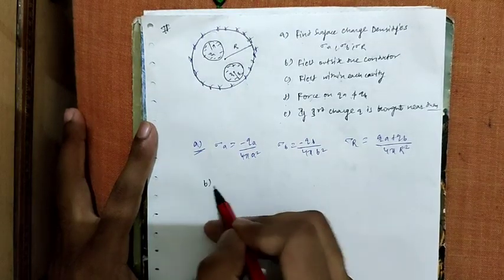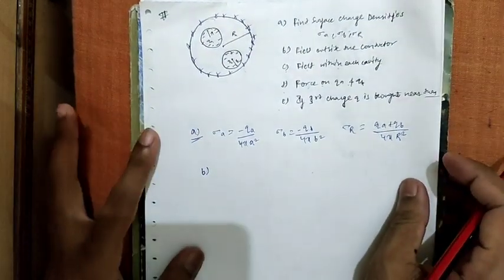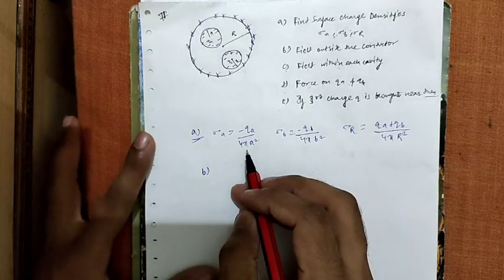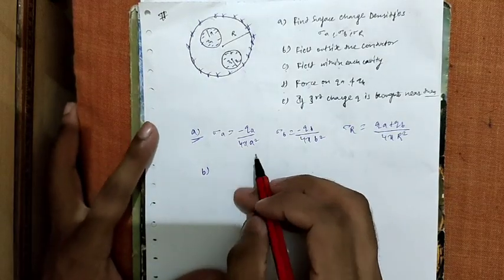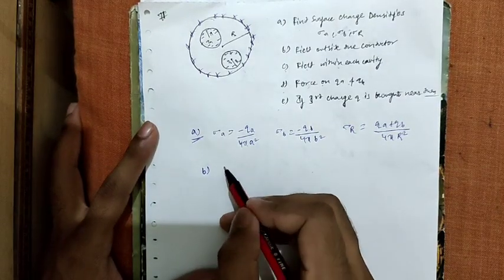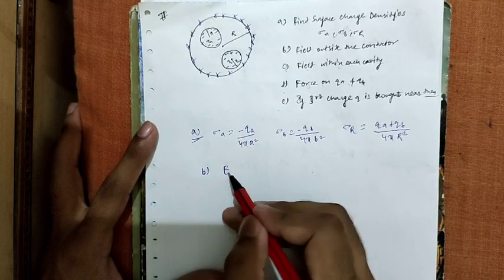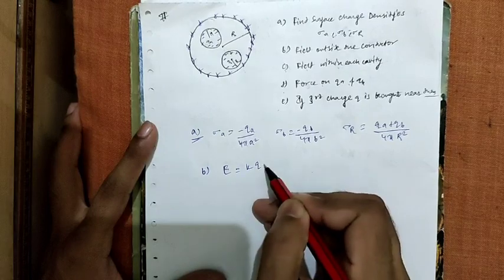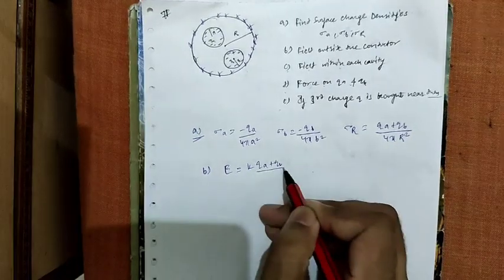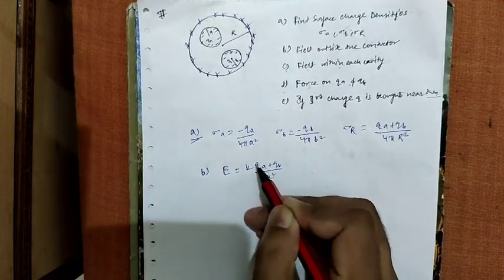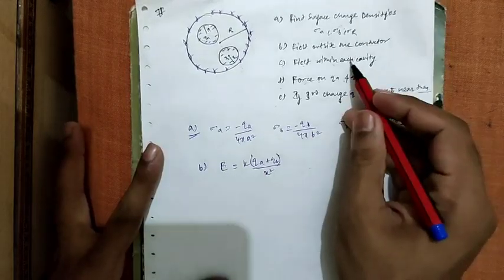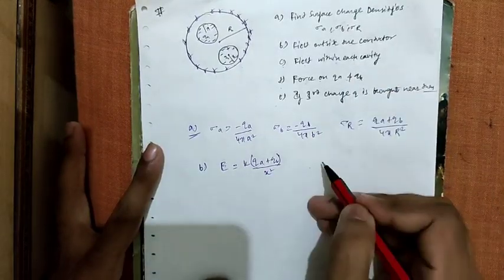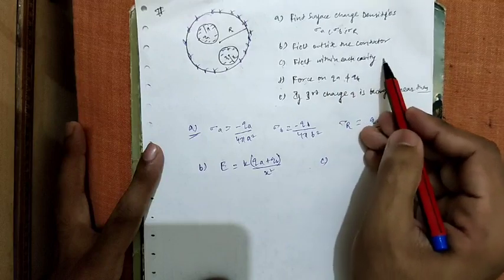Now moving to part B, find the field outside the conductor. As outside we have charges qa and qb, the electric field outside is equal to k (qa plus qb) by x square. Moving to the third part C, which is to find the field within each cavity.